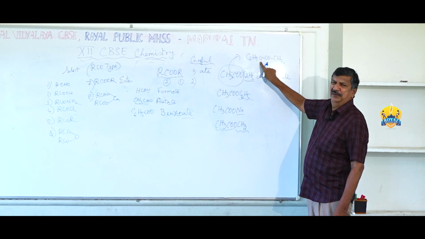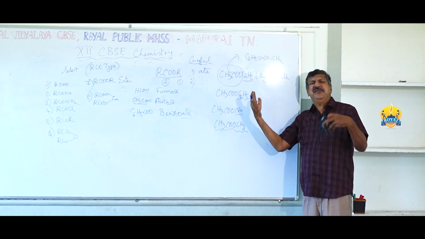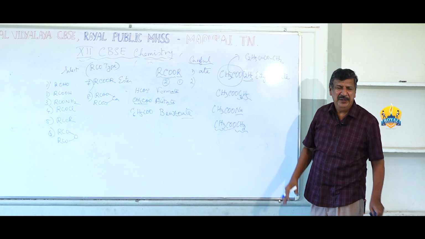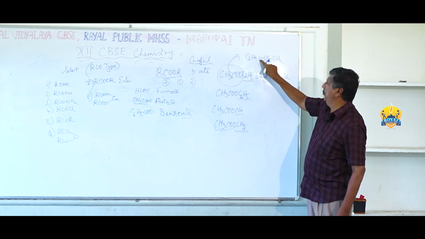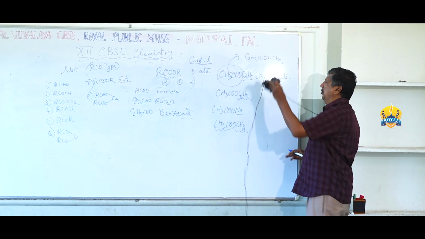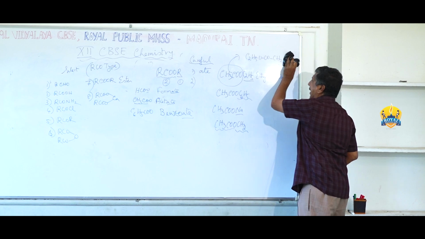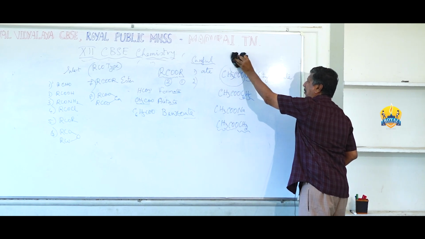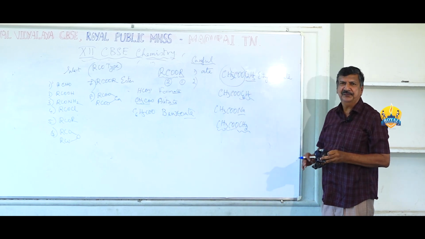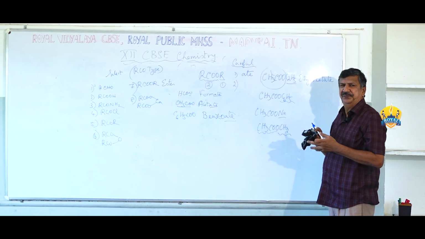This looks like an ether, this looks like a ketone, but what will they say? It is an ester because of the CH3CO. So, be careful, don't practice this kind of formulas for ester. Okay, this is for acetate.